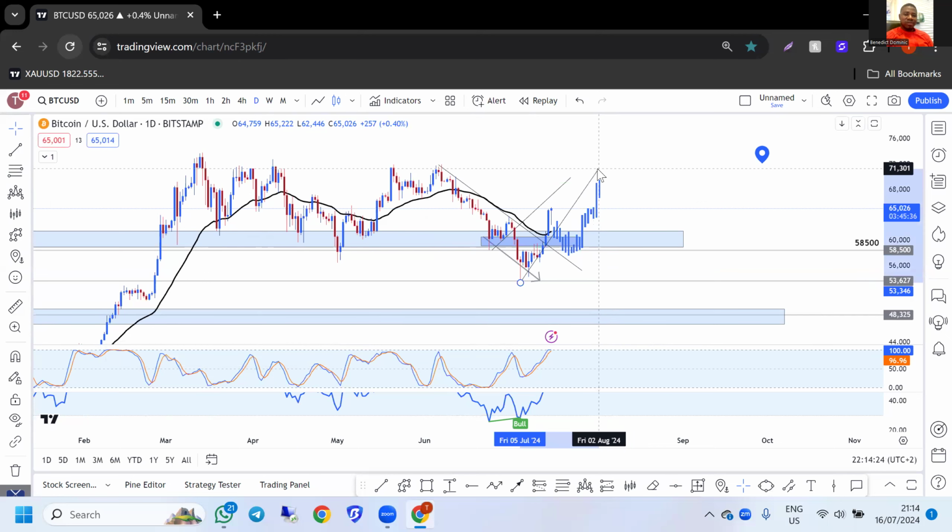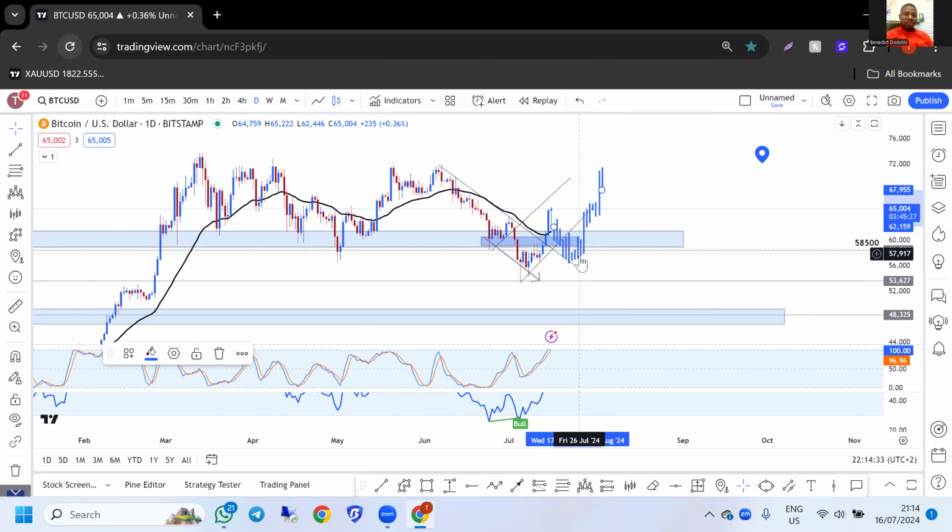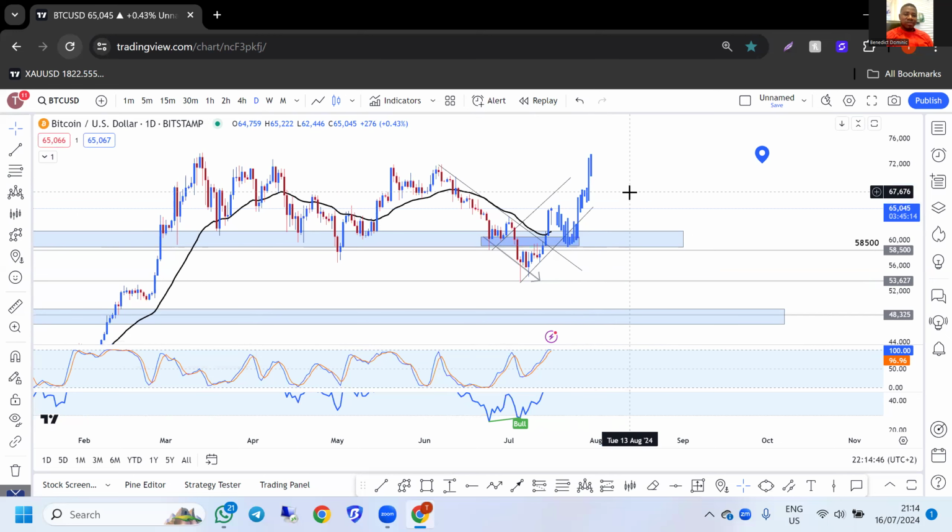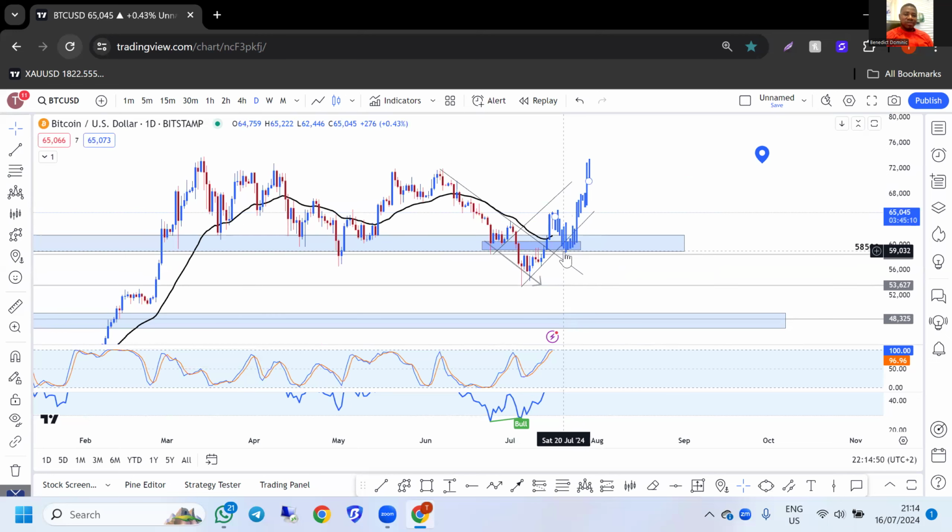Maybe markets come down and retest the trend line, whatever I want to retest, and then start moving up.